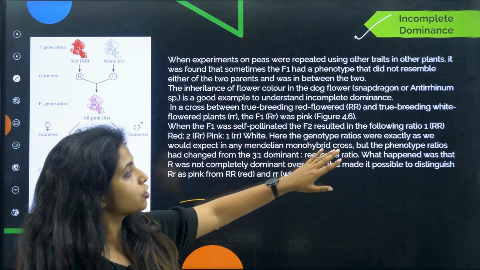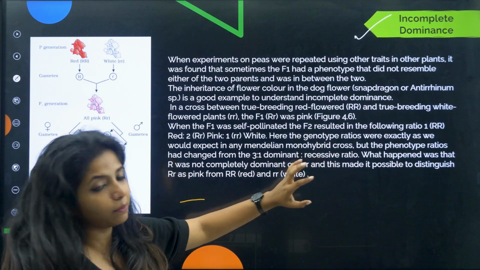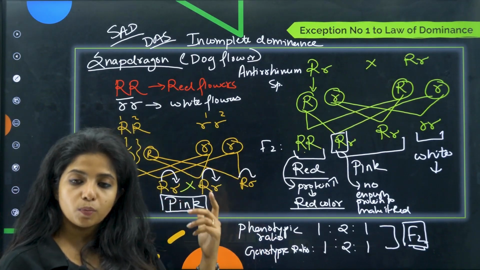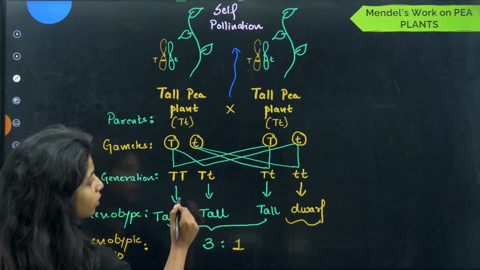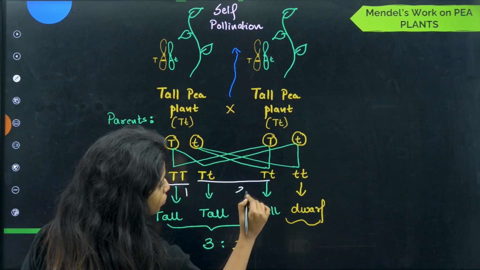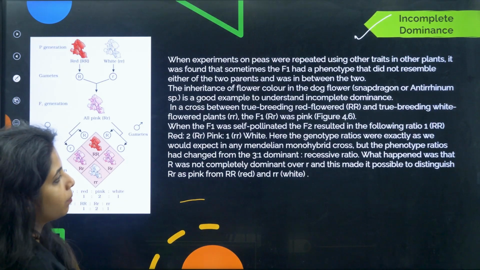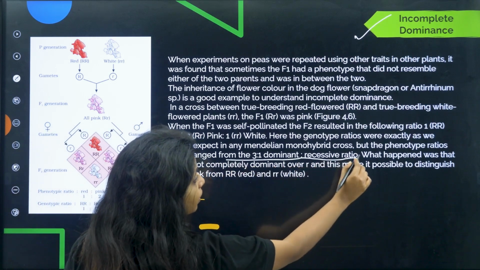Here, the genotypic ratio was exactly as we would expect in any other Mendelian monohybrid cross. Yes, in any other Mendelian cross, for example, when we spoke about this also, you saw the genotypic ratio was the same, 1:2:1, just like any other. But the phenotypic ratio has changed from the 3:1 dominant recessive ratio.